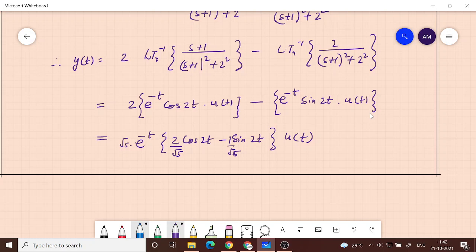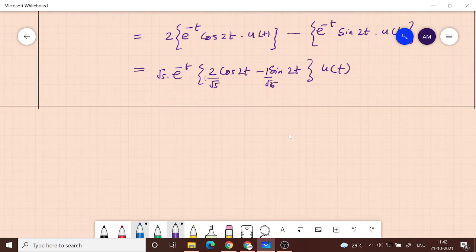And then what you can do is write this slightly neatly, or this is square root of 5 e raised to minus t, and this one I will write this factor. Okay, so this is cos 2t into, say, cos phi, then minus sine 2t into sine phi.